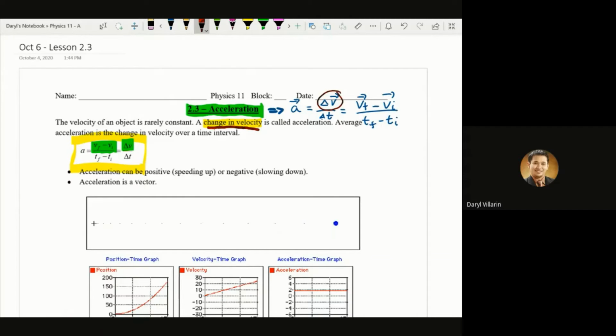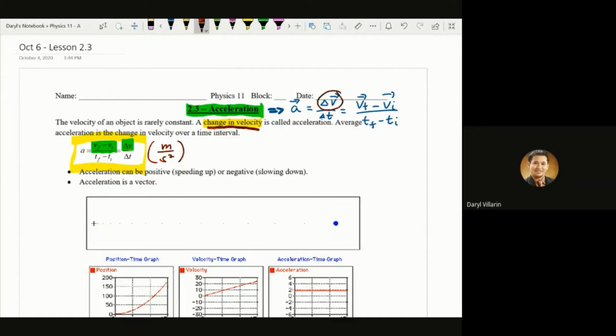And the unit of your acceleration is meters per second squared. And about the direction of your acceleration, the only vector quantity here is the change in velocity.